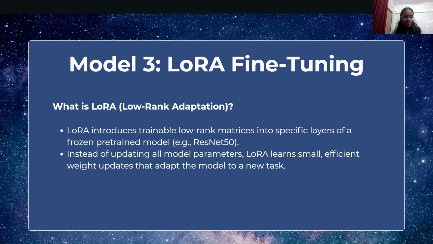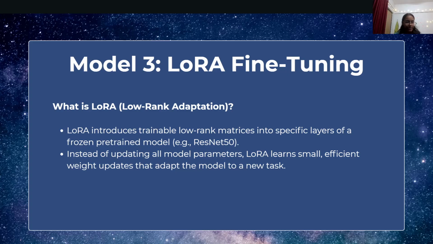Okay. So next is our model 3, which is a LoRA fine-tuning model. Let's first see what LoRA is. Its name is low rank adaptation. So the idea behind LoRA is simple yet powerful.